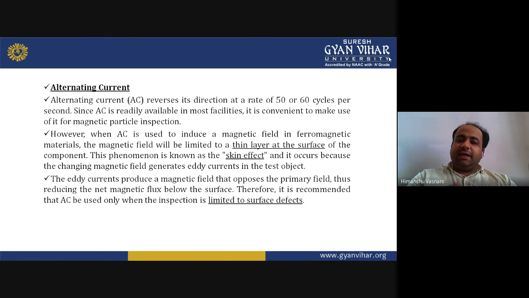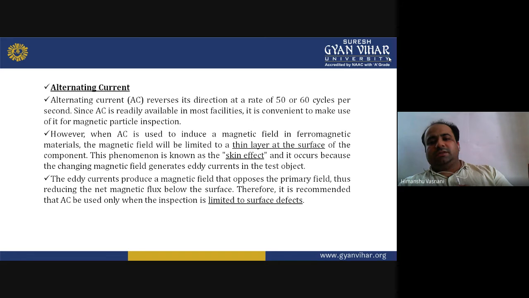The eddy currents produce a magnetic field that opposes the primary field, thus reducing the net magnetic flux below the surface.